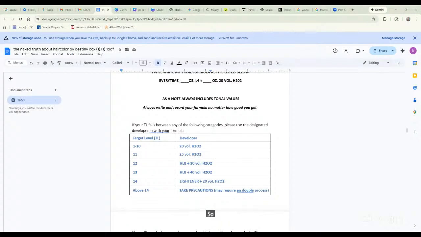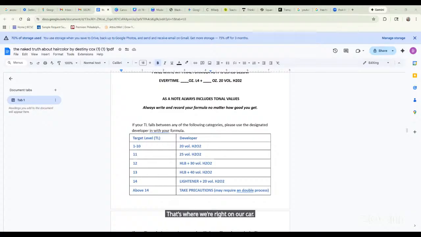So we'll do 2 ounces of level 7 plus 2 ounces of 20 volume. That's what we'll write on our card.